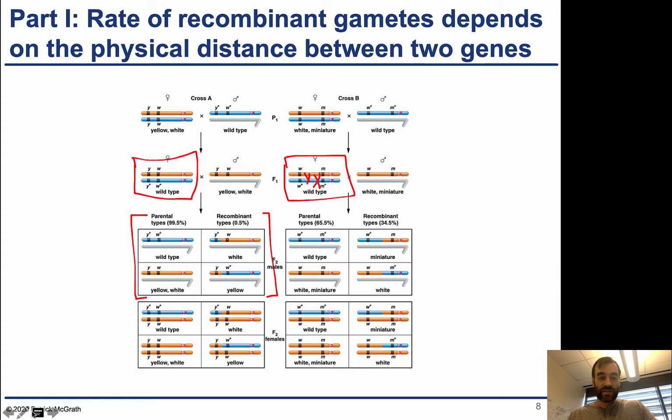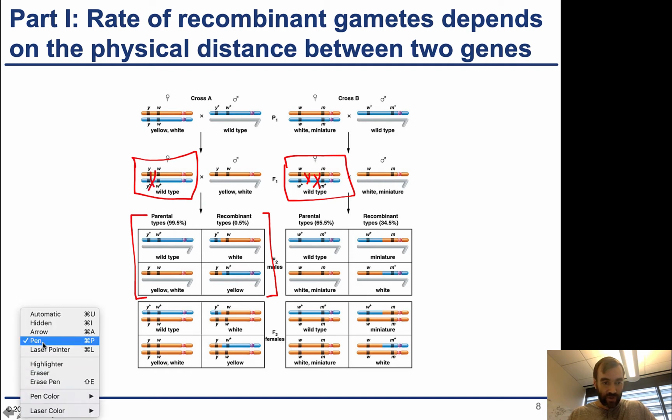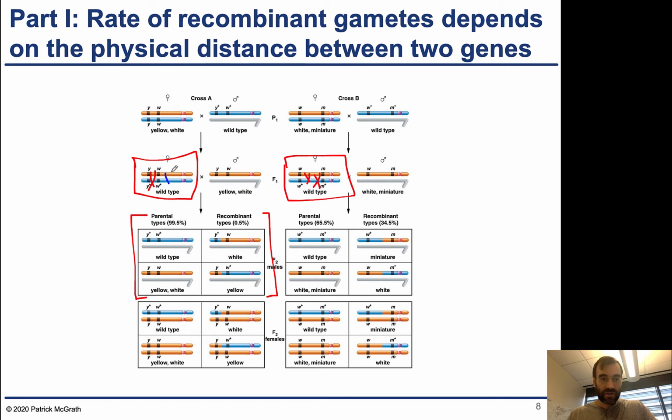So in these two cases, we could do something like this just to show kind of randomly where they might occur. And so if we just draw 3 of these, only one of the 3 would result in a recombinant between Y and W. The crossovers here would have no effect on the combination right here.